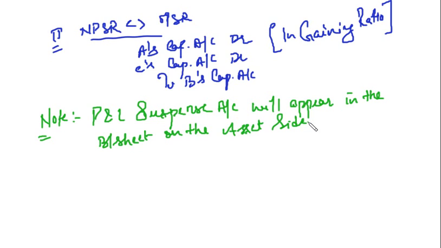Clear? Profit and loss suspense account will appear in the balance sheet on the asset side. This is an important note, friends, right?